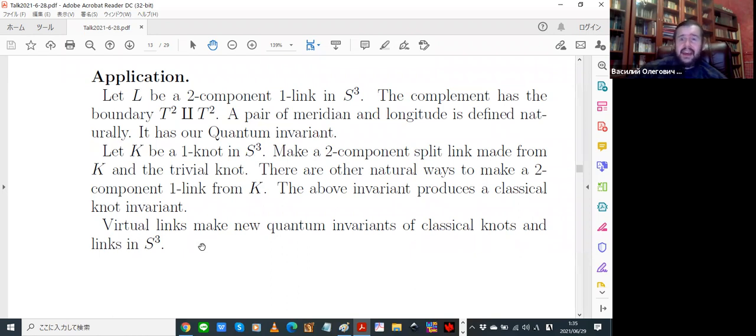And I think that such additions like not components may give quite a lot. And yesterday we were discussing some ideas about quadratic forms, how they give invariants of 3-manifolds, invariants of 4-manifolds.